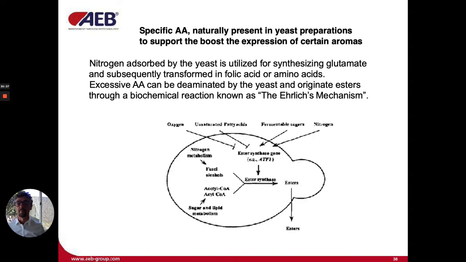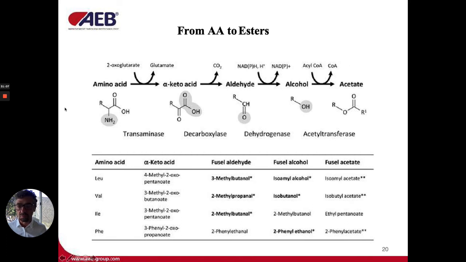Why are amino acids part of this pool of precursors? We can see now that through the Ehrlich mechanism, amino acids that are not used by the yeast to synthesize glutamate in their metabolic pathway, to form folic acid or other amino acids, this excessive amount of amino acids is expelled by the yeast through what is called the Ehrlich mechanism.